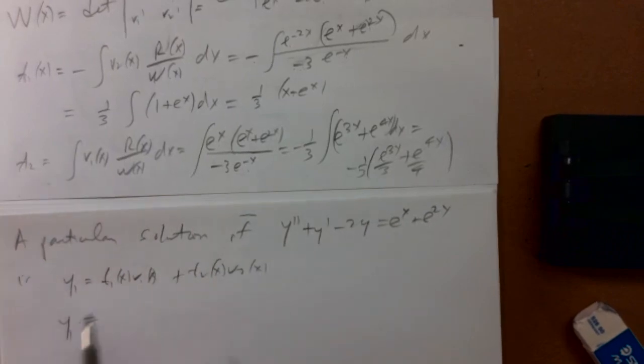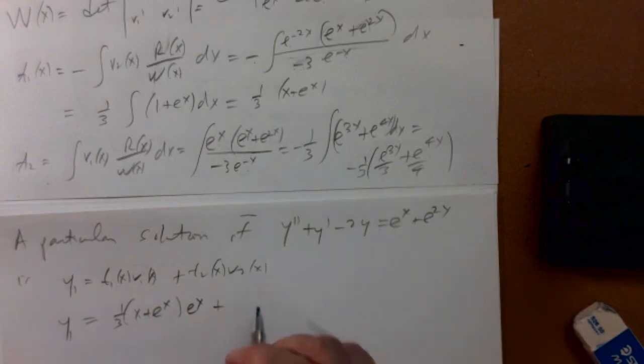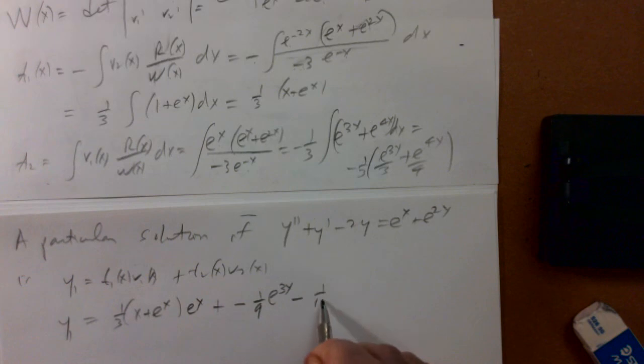So what was t1? 1/3 of x plus e to the x, times v1, which is e to the x, plus t2, here's t2, minus 1/9 e to the 3x minus 1/12 e to the 4x.